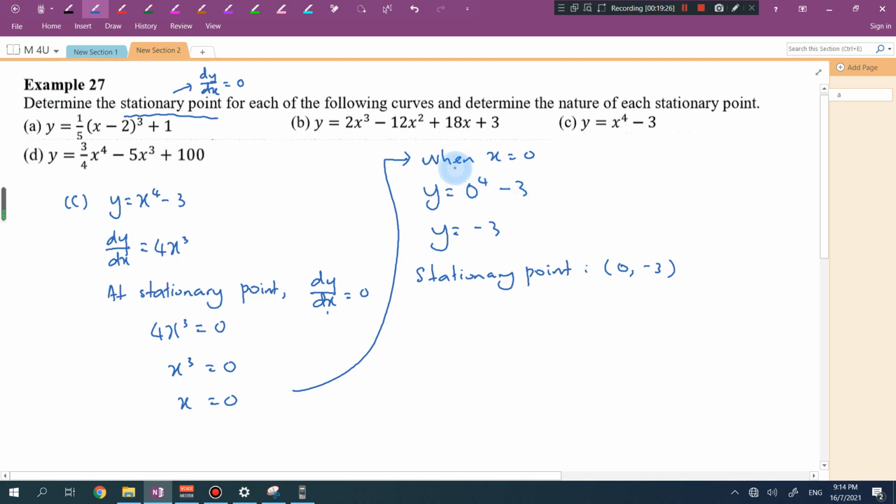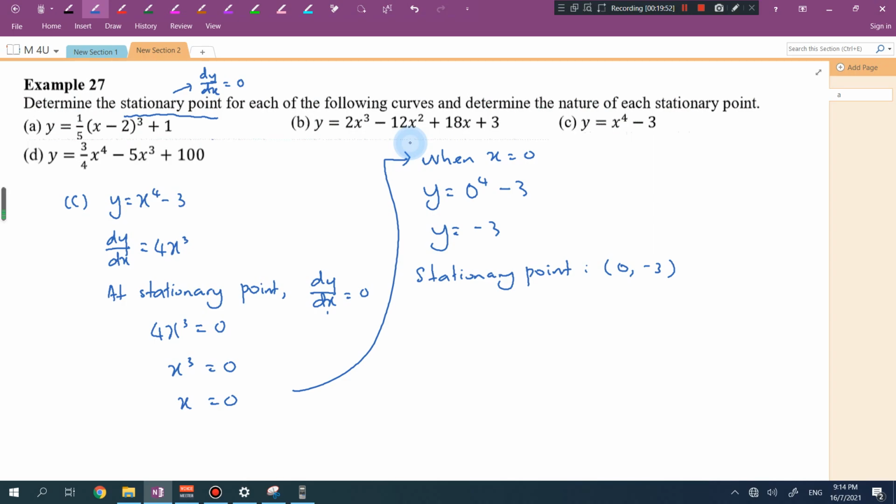But remember, when you use the second derivative test, if you get a value equal to 0, then you have to go back and use the first derivative test again, because when d2y/dx squared is equal to 0, it is inconclusive. We still cannot conclude whether that point is a maximum point, minimum point, or point of inflexion.